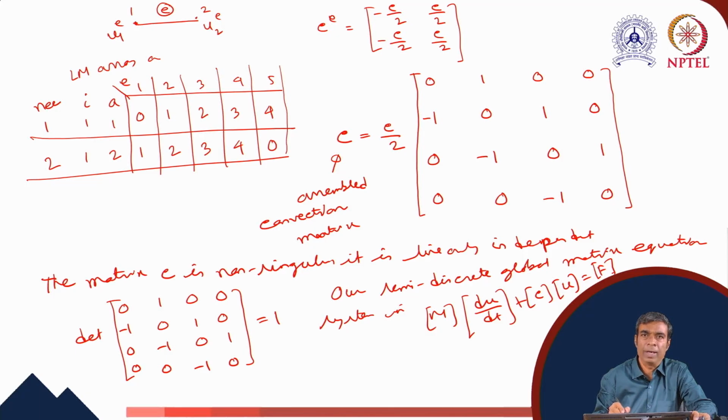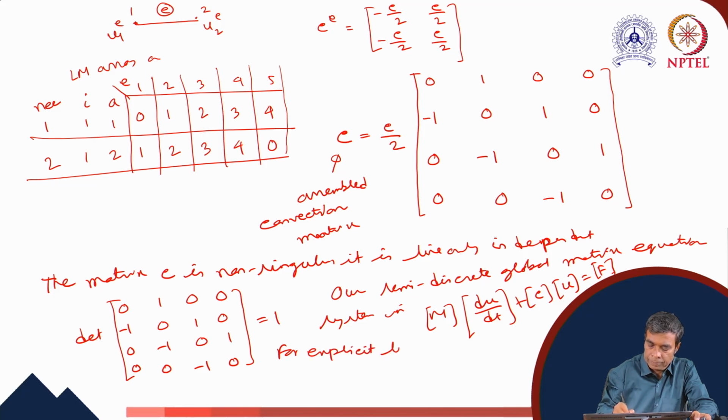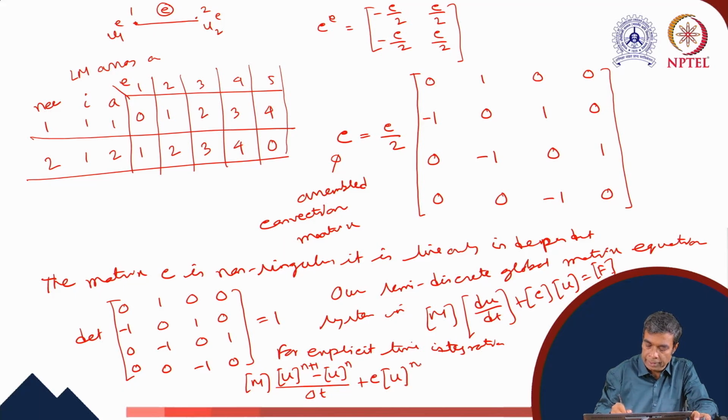So if we perform the explicit scheme, for example, we can write it as, for explicit time integration, M u at n plus 1 minus u at n by delta t plus c u at nth time level equals to f at nth time level.